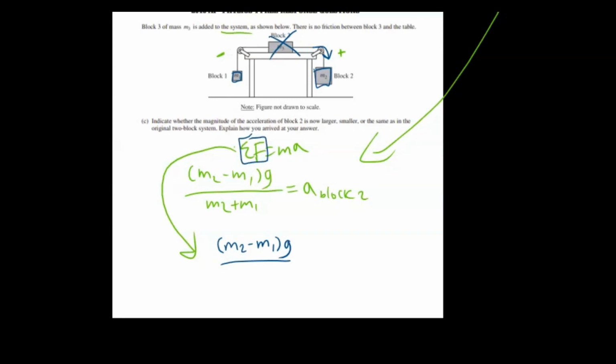However, when we divide, right, when we isolate for a, this total mass is the system's mass. And did the system's mass change? Well, it did, because we literally added this additional block. So we're going to have m3 plus m2 plus m1 is equivalent to the new acceleration. Now, does that new acceleration decrease, increase, or stay the same? Well, presumably mass 3 holds some mass, a positive number.